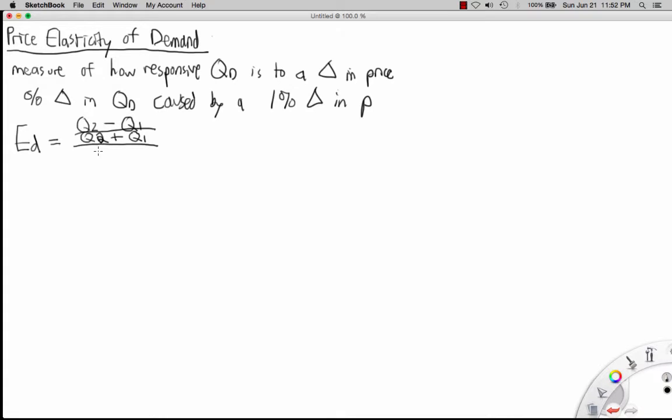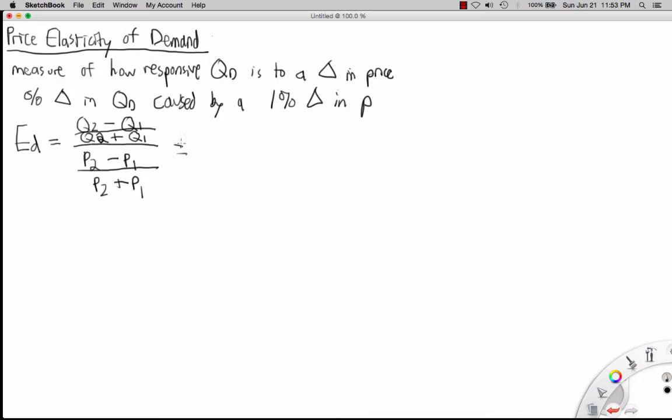And I'll explain the significance of that in a second once I finish writing down the formula. Of course, below is going to concentrate on the percentage change in price. And then we would see the same thing down here.